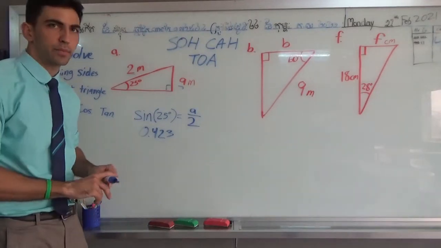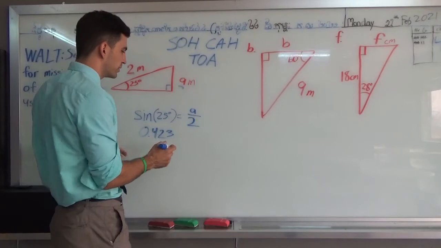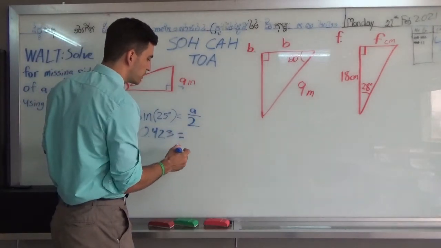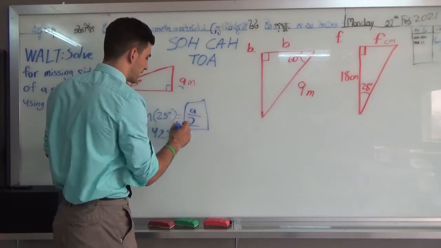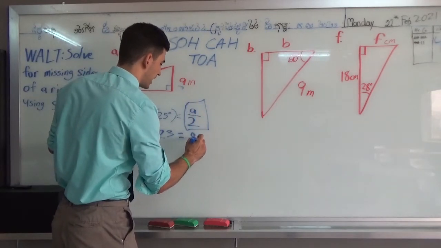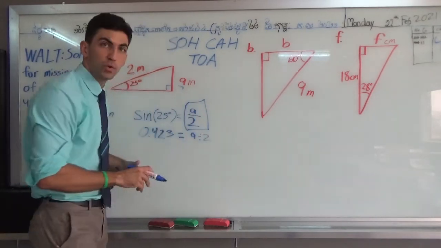We can use this number. We can say that 0.423 is equal to this right here. We haven't changed that yet, so it's equal to A divided by 2.